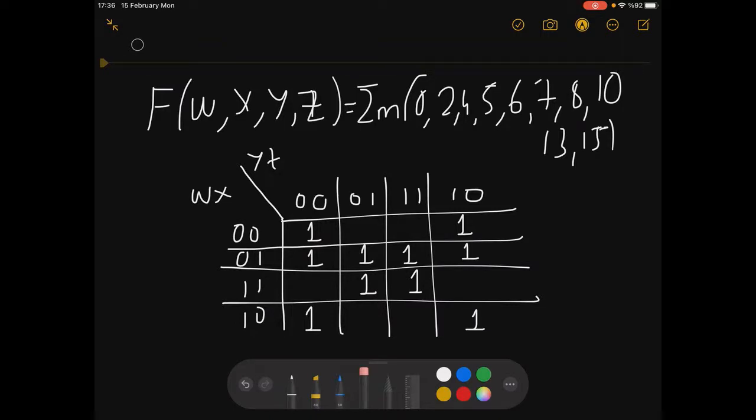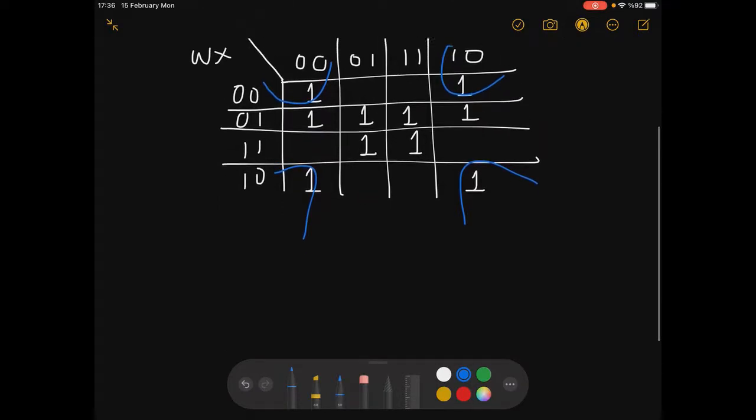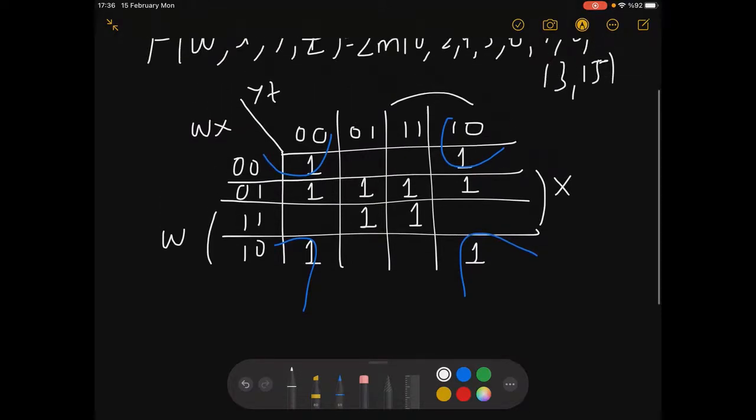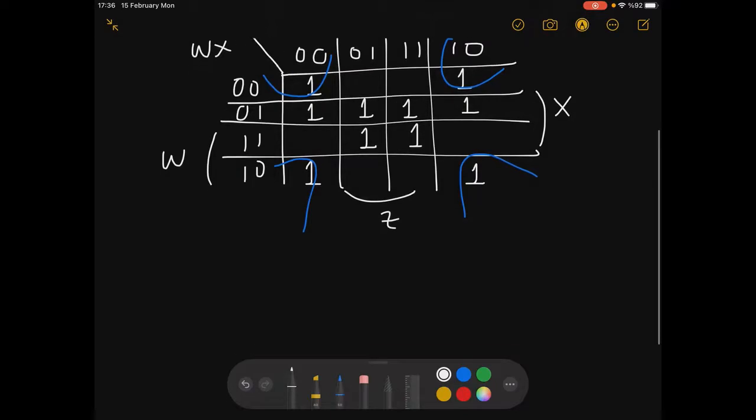Very nice. So now I can combine those squares carefully. The largest possible ones, don't forget, it always gives you a much better solution. Let's make the labeling as well, because maybe it would help you: W, X, Y, and Z here for labeling.